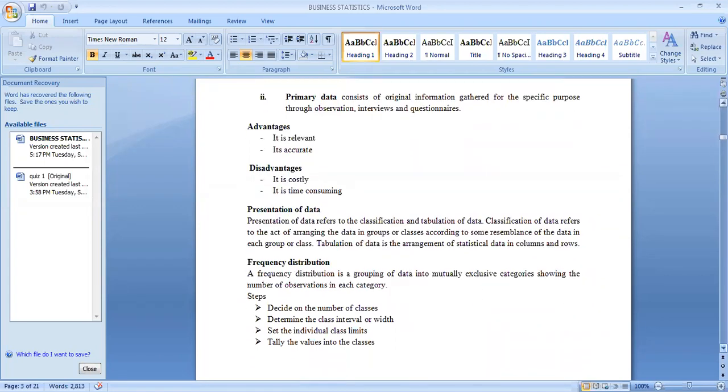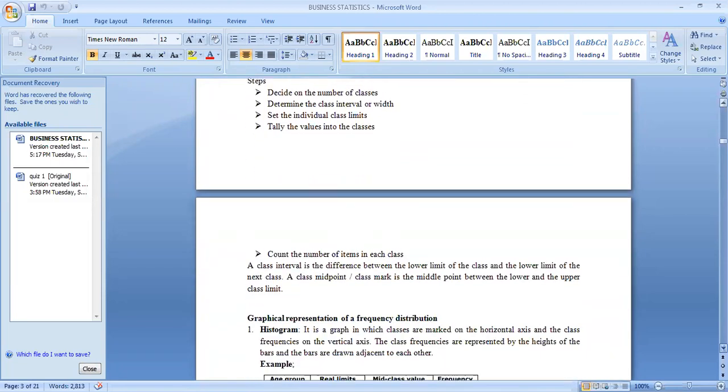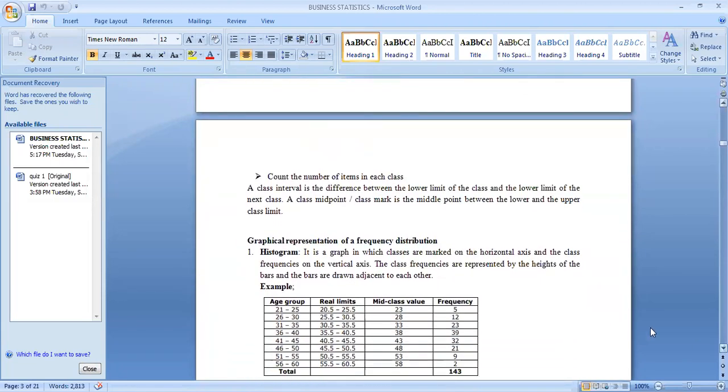The key area that I want to spend some minutes on now is data presentation. Data presentation is an area that is tested more often. In this case, I'm going to demonstrate how we present data in each and every category of data presentation.